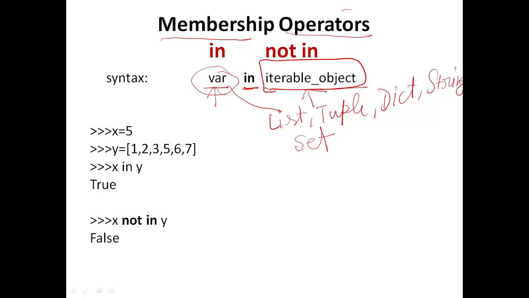Let's have an example. Let's say we have a value x that is 5, and a variable y which is having a list object which has 6 values. So if we write x in y, that means we are checking whether x is a member of y or not.